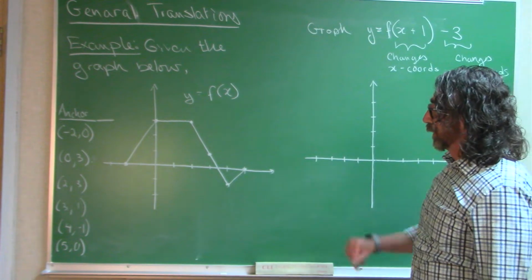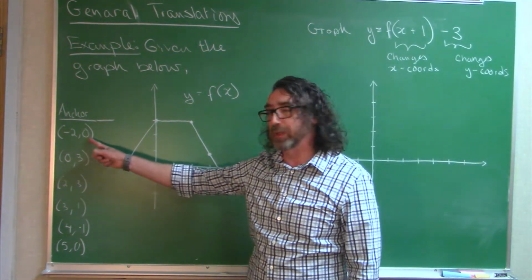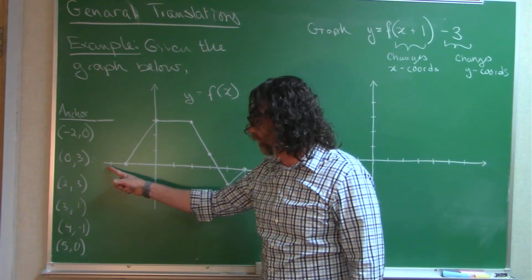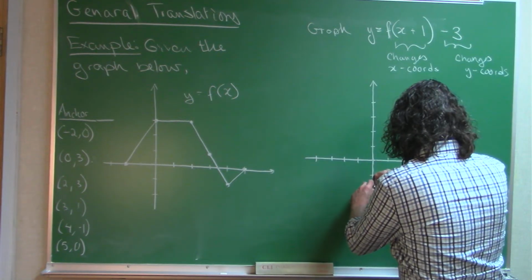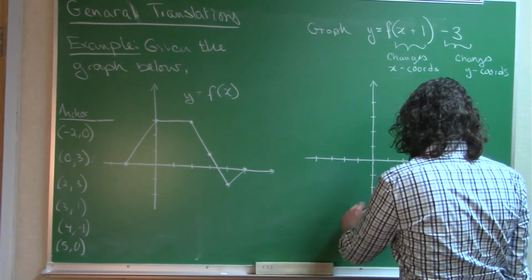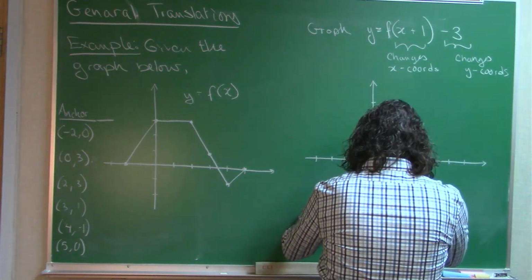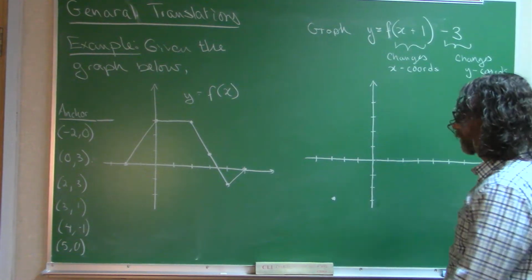Okay, so this point here, which is negative 2 comma 0, 1 unit left, 3 units down. So I was originally at negative 2 comma 0, 1 unit left, 3 units down. Okay?